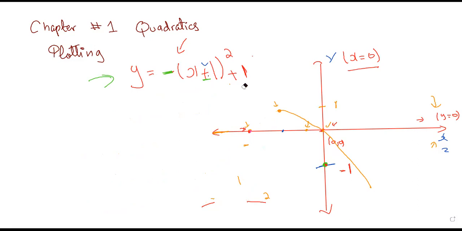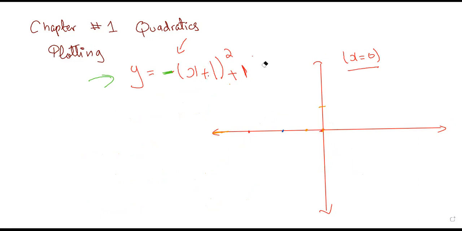Okay, so let's say we have y equals (x plus 4) square minus 2. Now, what is the general form of a parabola?